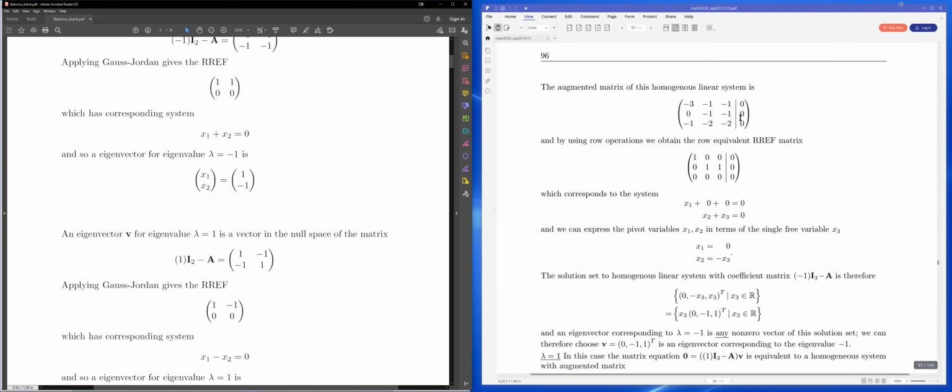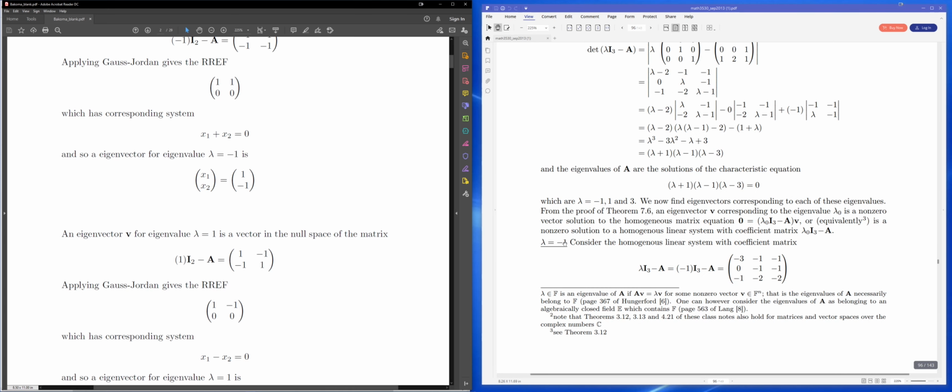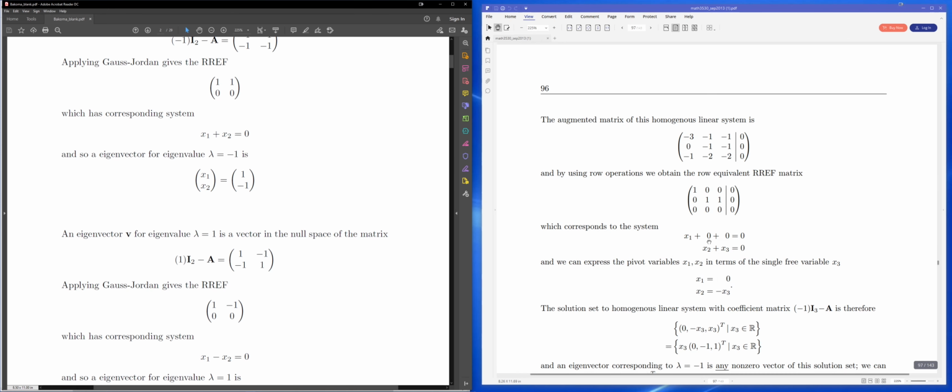So I can write the zero vectors over here, although they don't really do anything for me. Anyway, apply Gauss-Jordan to that, and with this RREF you're going to get an associated system. A non-zero solution to this system would give me an eigenvector corresponding to lambda equal to minus 1. So what I want is a non-zero solution to the system.